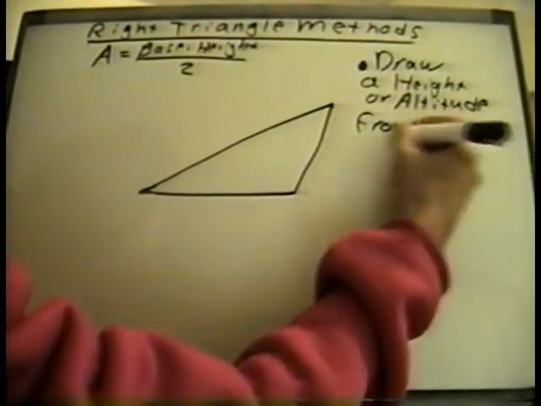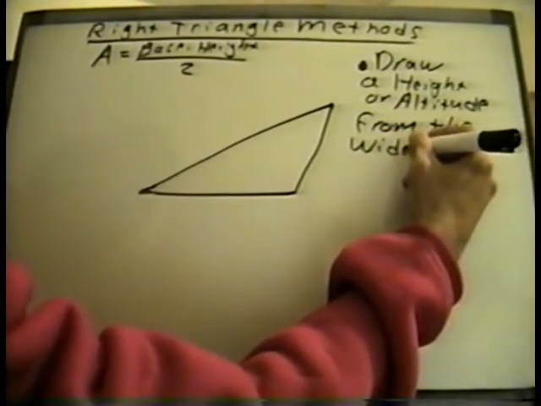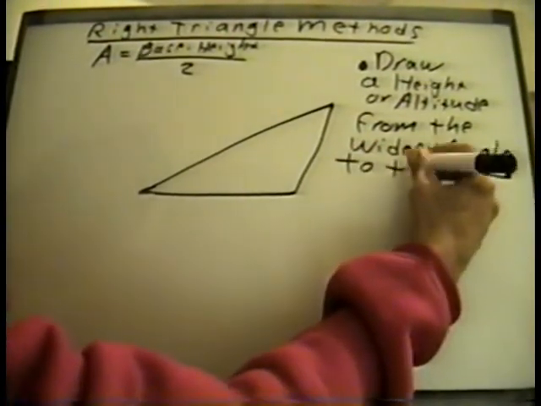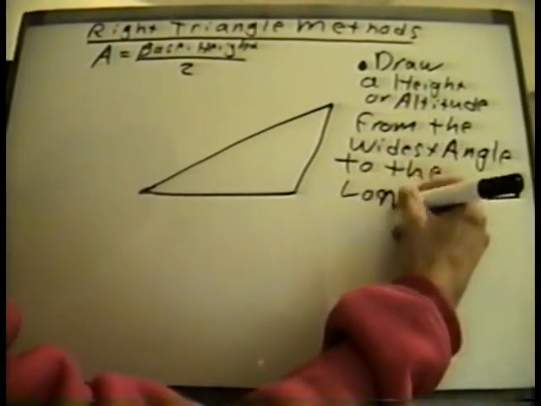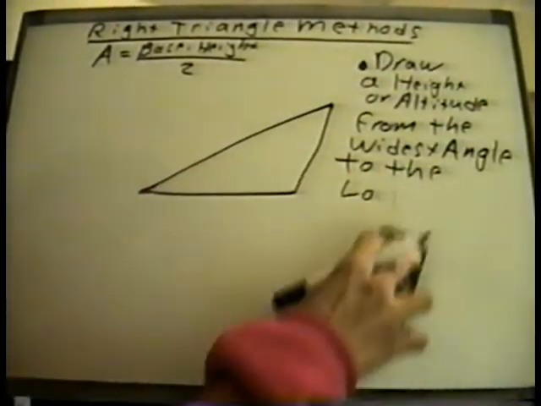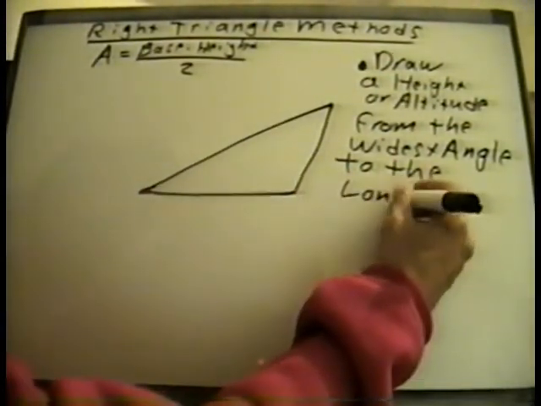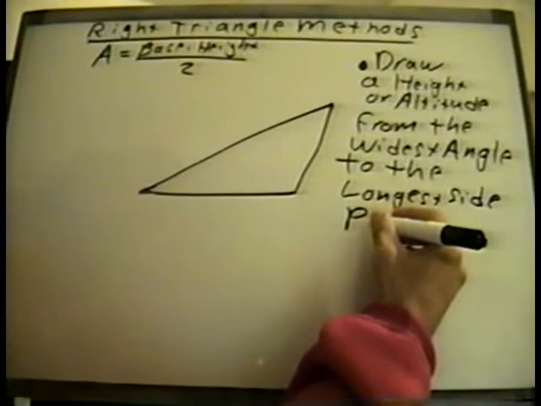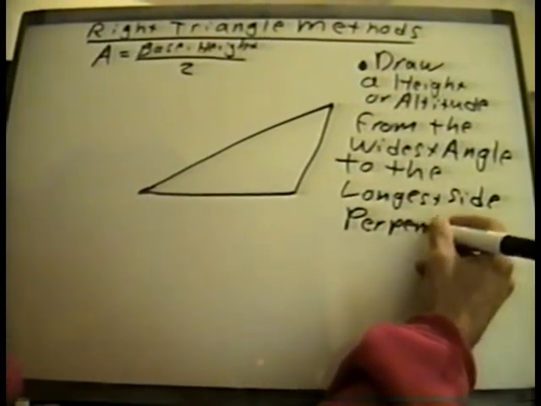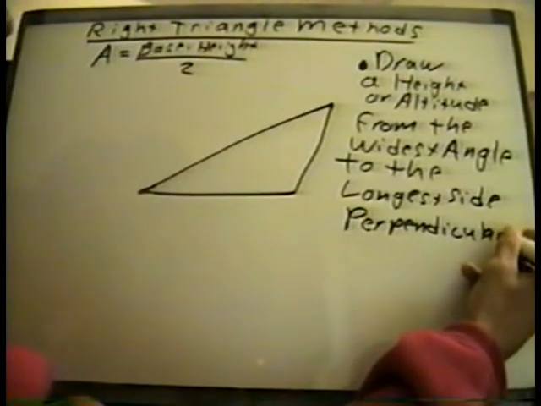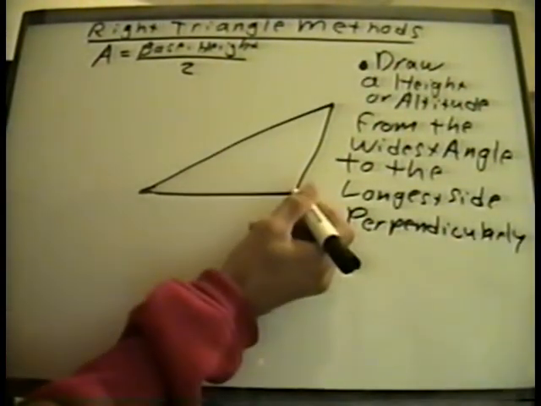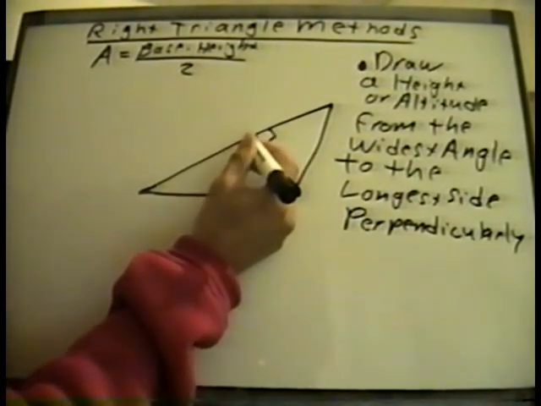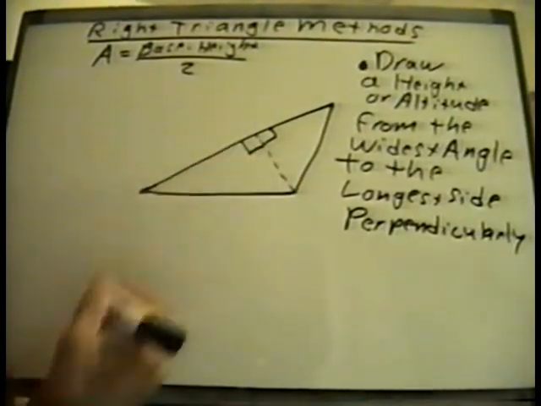Draw a height or altitude from the widest angle to the longest side, perpendicularly, so that it meets it at a right angle.